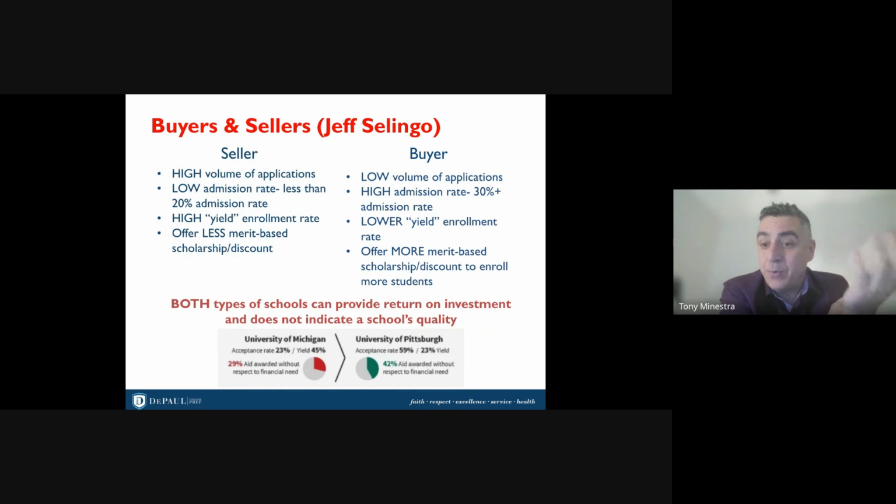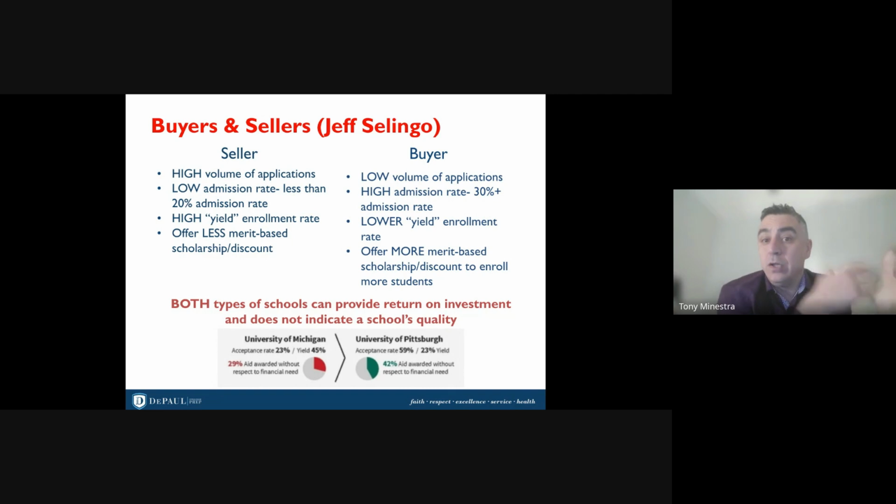A great example is Northwestern University. Northwestern offers no merit money, right? They will meet full need, as Megan mentioned, right? They will meet full demonstrated need, but everybody applying to Northwestern is a valedictorian or near valedictorian, right? And because they have such a high yield rate, they're considered a seller. They're selling their brand to you, and they don't need to work very hard to get applications.